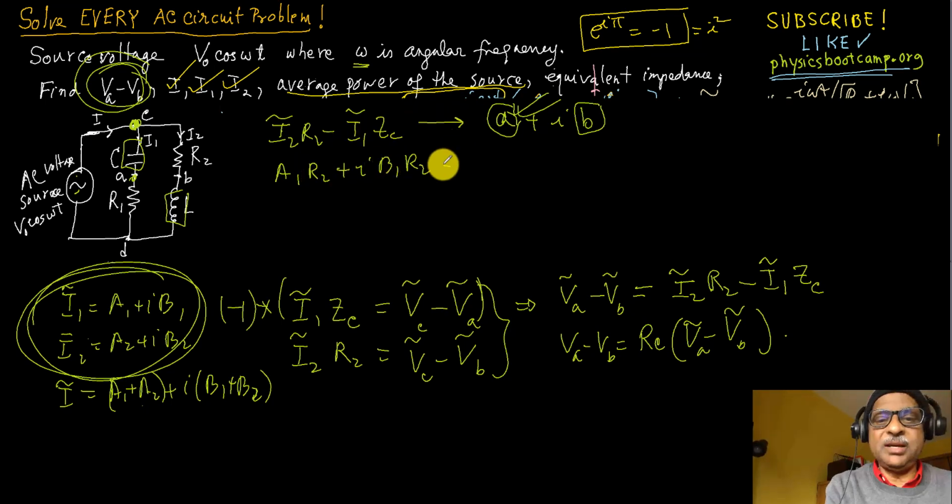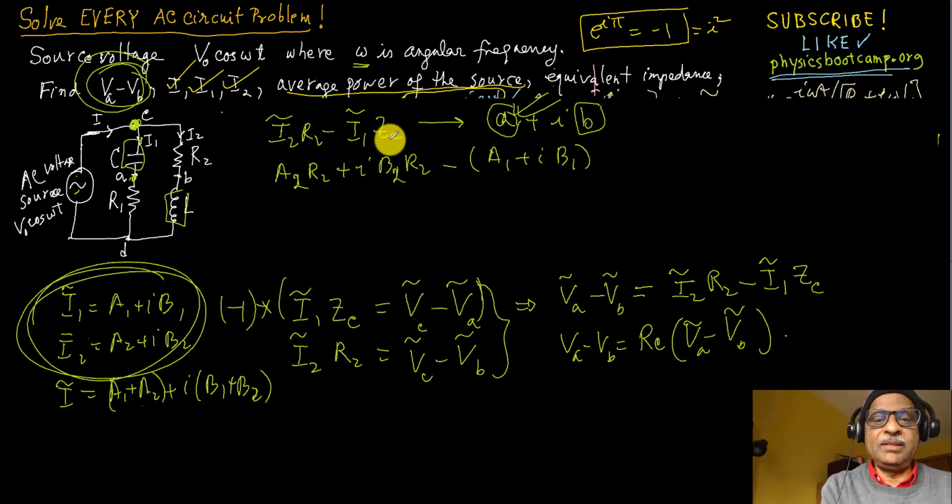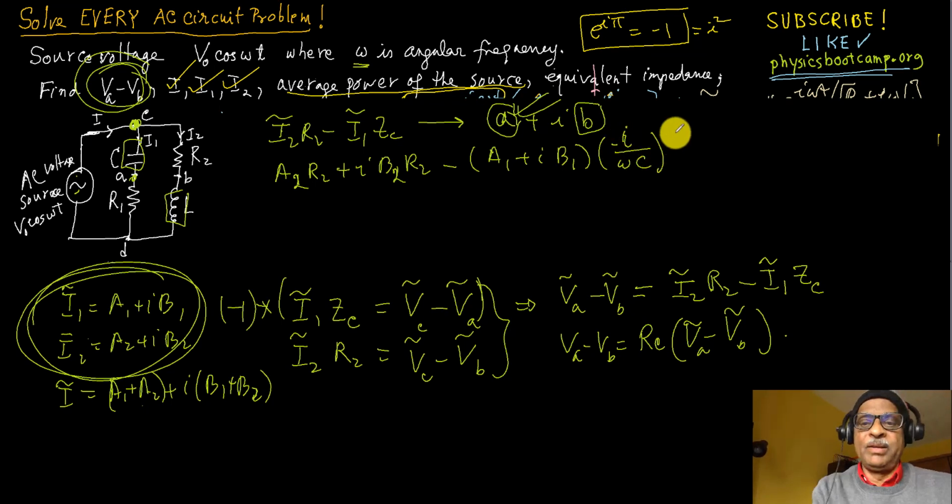So I2 tilde is already A2 R2 plus i B2 R2. This one is just A1 plus i B1, right? But GC is 1 minus i over omega C. So this, which is real and imaginary, just kind of switch when I multiply this out.